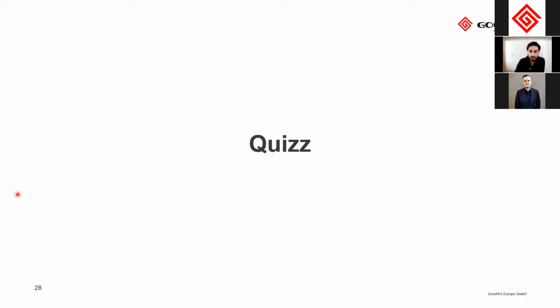I see there's a question from Solar Systems. Please, in the future, if you have any questions, post them in the Q&A section instead of the chat. This makes it easier for us to keep track of them.